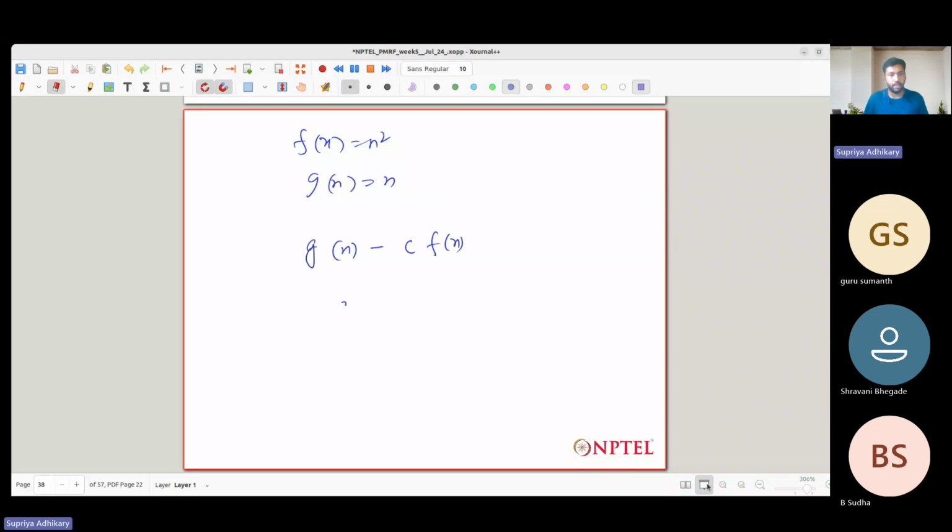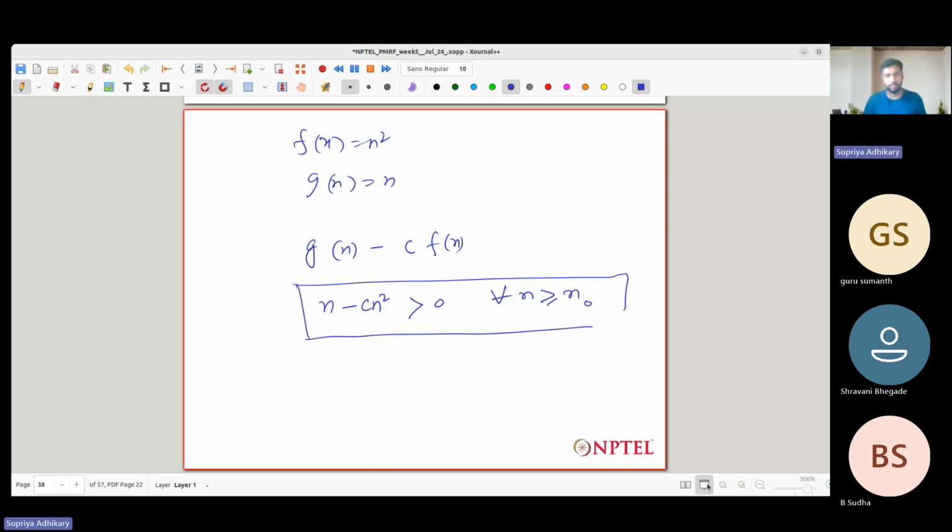That should be n minus c n square, where c is a constant. Can we say that this is always greater than 0 for all n greater than n0, where n0 is some integer? Because this is nothing but n into 1 minus cn.